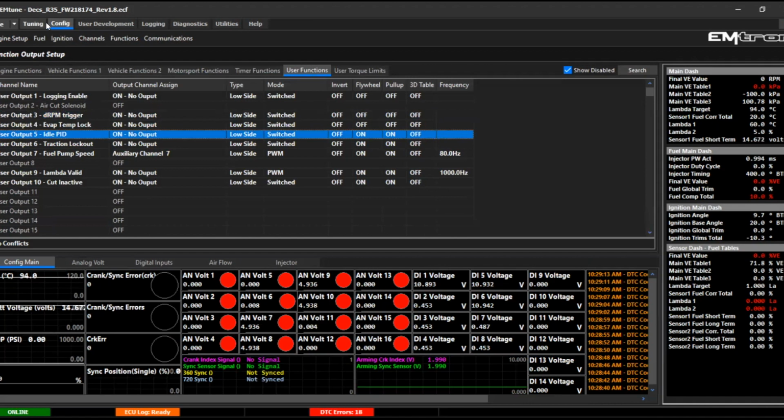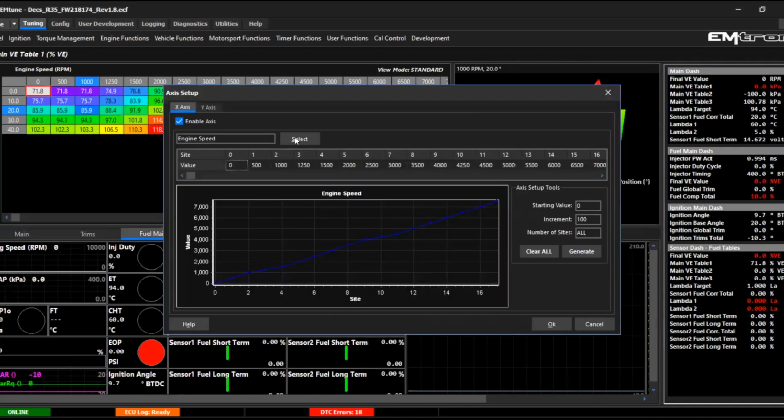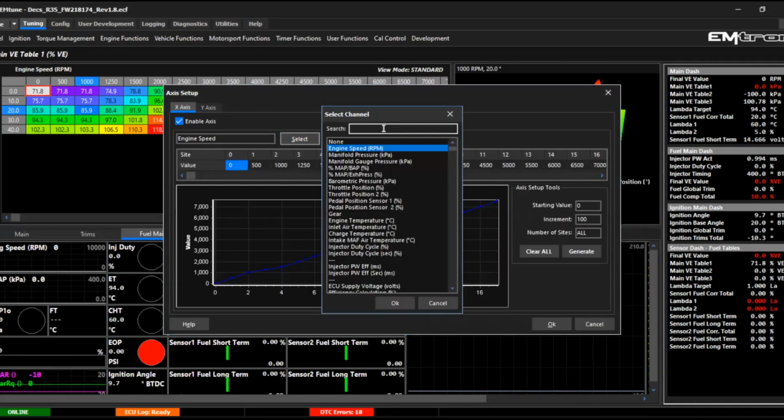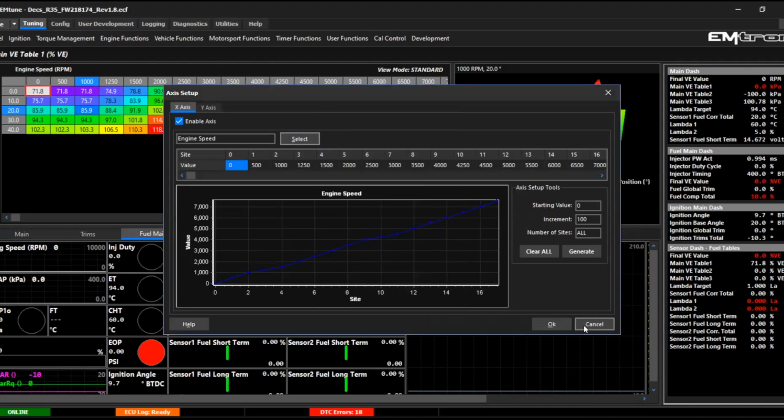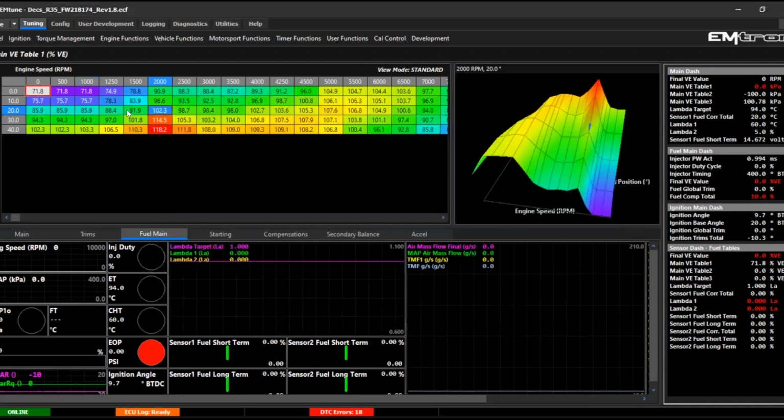It'll show up in axis setup, so if you select a user function as an axis, you can see which one you're using. And we've expanded that to include all of the user input channels as well, and the torque limits. So it's a lot easier to read what's going on.